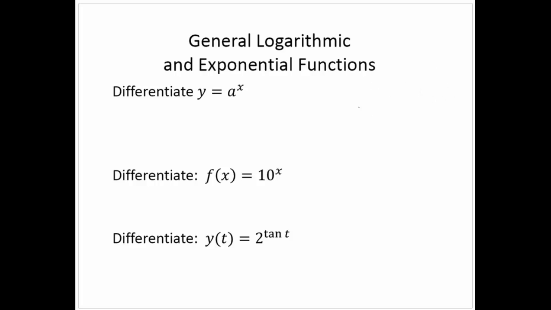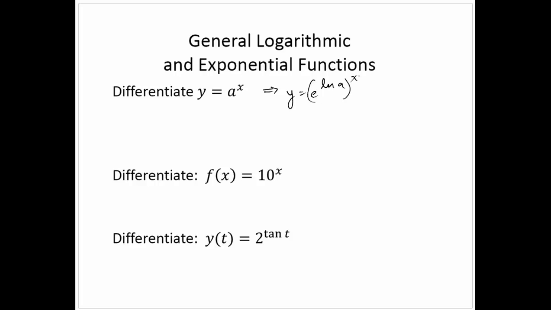All right, so now if we want to differentiate y equals a to the x, a general exponential function, we're going to use some cancellation properties. So I can rewrite y equals a to the x as y equals e to the natural log of a, to the x.